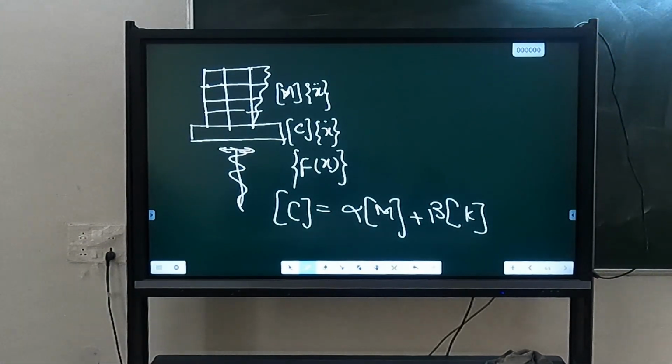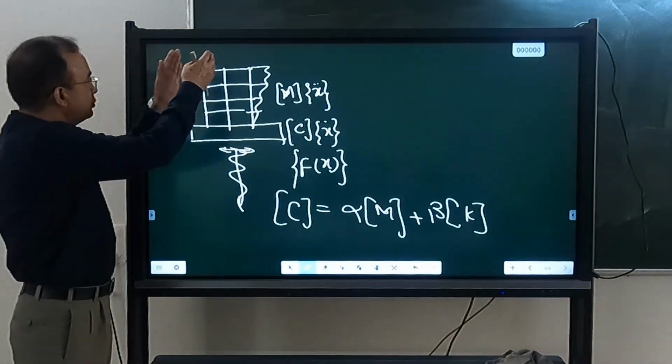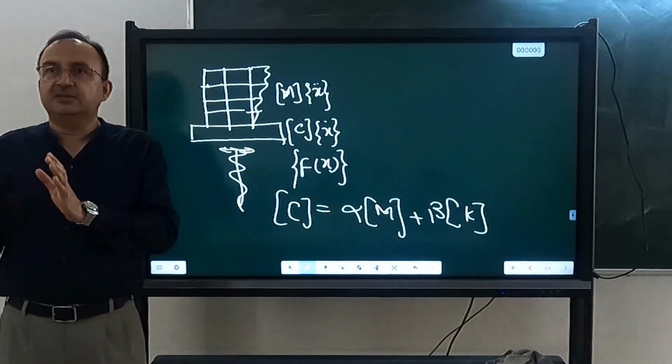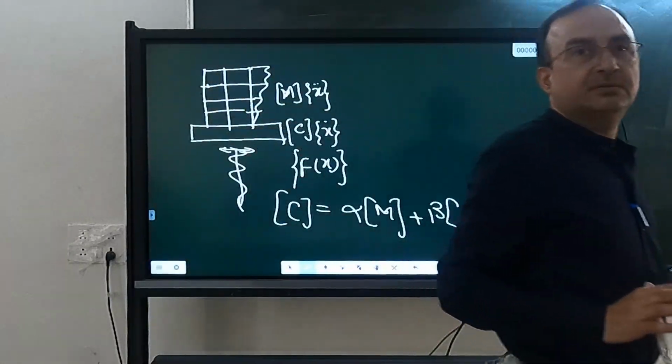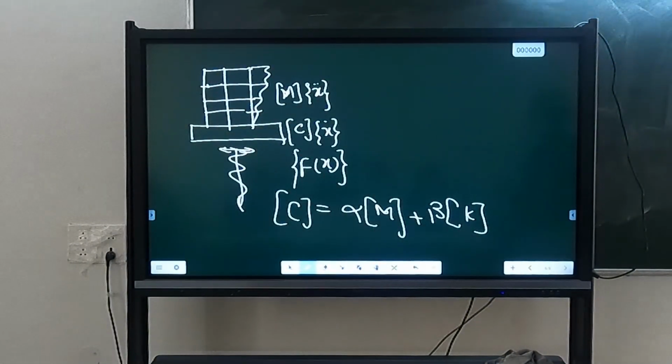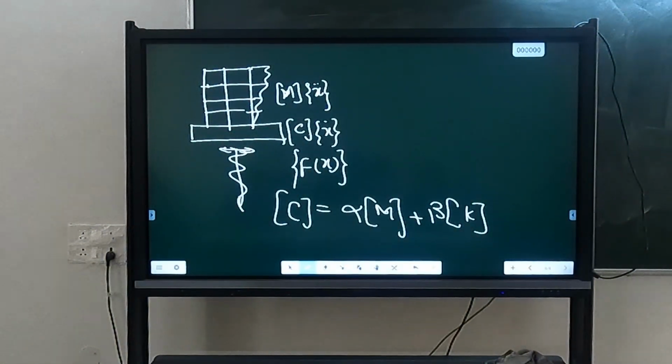Only one problem, and that problem is that you should have a shake table large enough so that you can construct your structure on that, and you should be able to shake it with the given time history. That's the only problem. Otherwise, it is the easiest test where you don't have to do anything. Just construct your structure, shake it, measure.